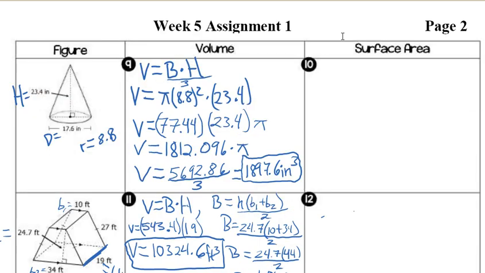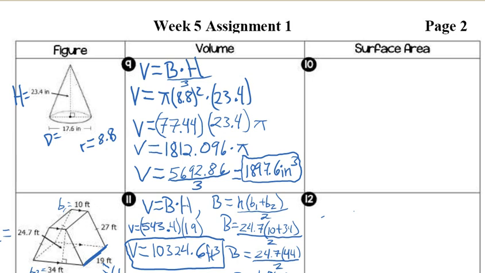Alright, so here we have a cone. Volume of a cone is just like a pyramid: area of the base times the height divided by 3. Here in take 1, it is base times height divided by 3. 8.8 is my radius. Square it, it is 77.44.